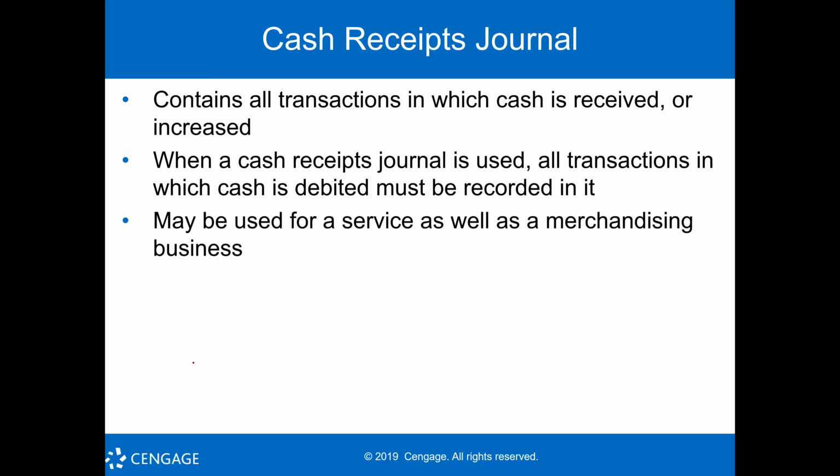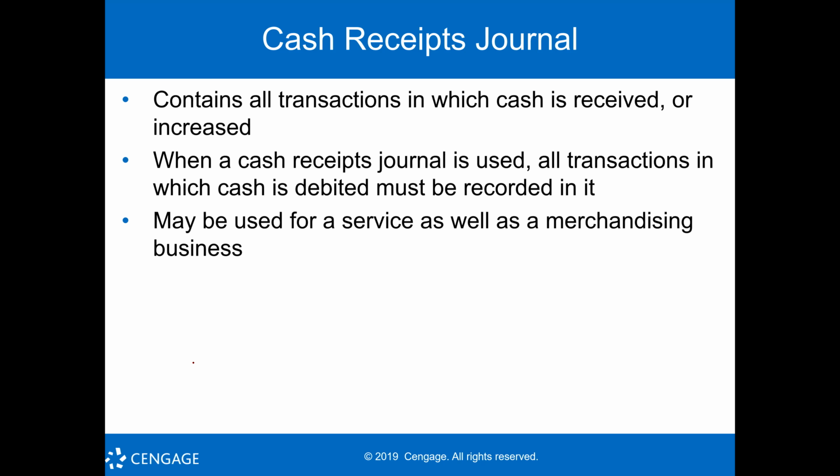Because what we do is record them in the cash receipts journal, and then we take those aggregate or total amounts from the cash receipts journal and post them to the ledger accounts, right? And so what it's telling us here, cash receipts journals contain all transactions in which cash is received or increased.